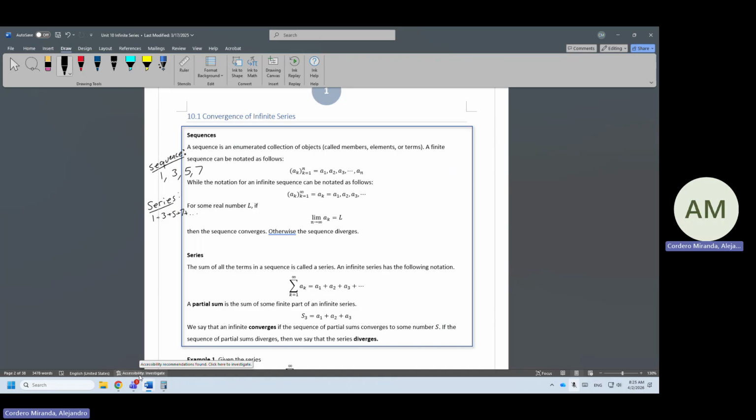The notation usually is they call these a sub whatever for sequences. So a sub 1 would be the first number there. Or a lot of times, just for convenience of writing formulas for them, they'll call this a sub 0, then this a sub 1, then this a sub 2.